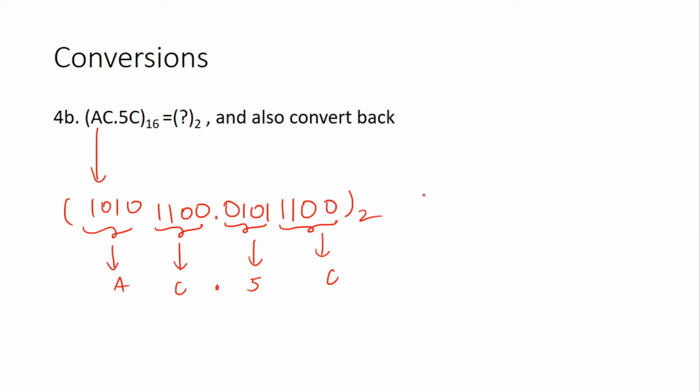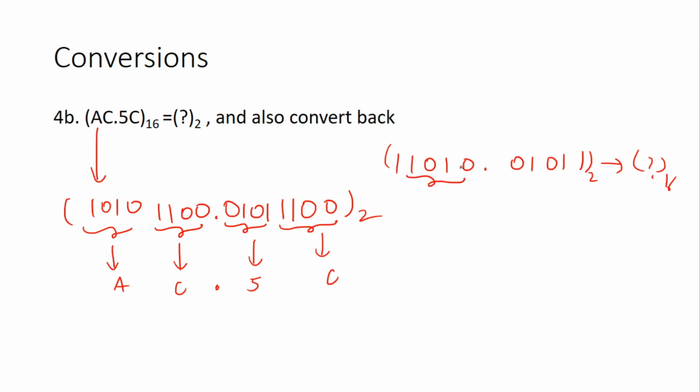Now let's just say that we had the number 1 0 1 1 0 1 1 1 0 1 0 and 0 1 0 1 1. If we were going to convert this binary back to hexadecimal, then we would make groups of 4.